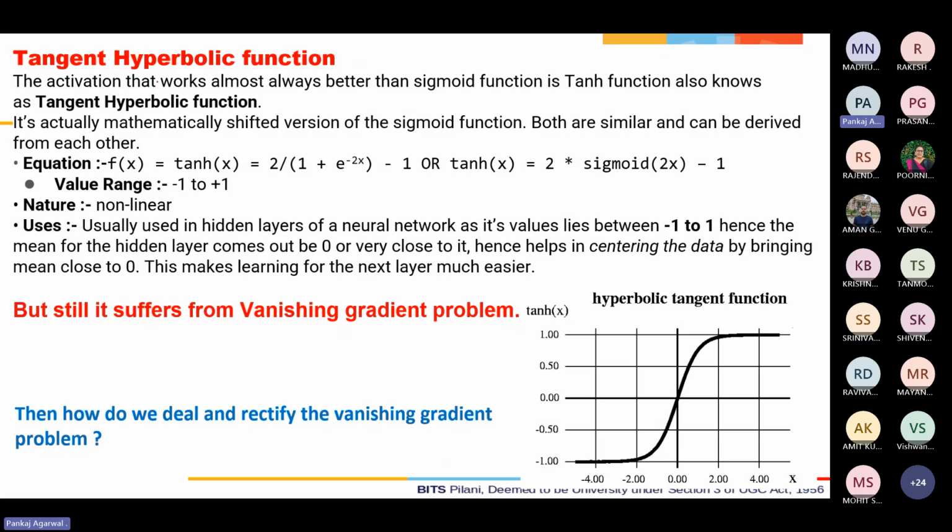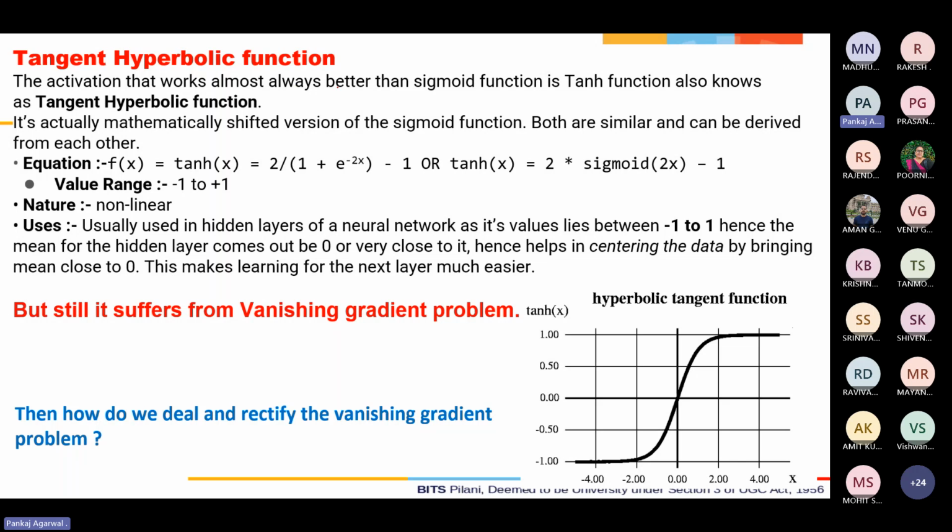There's another kind of activation function called the hyperbolic tangent function. Every activation function has some advantages and some disadvantages, so one might be suited for some kinds of problems and another for other kinds of problems.